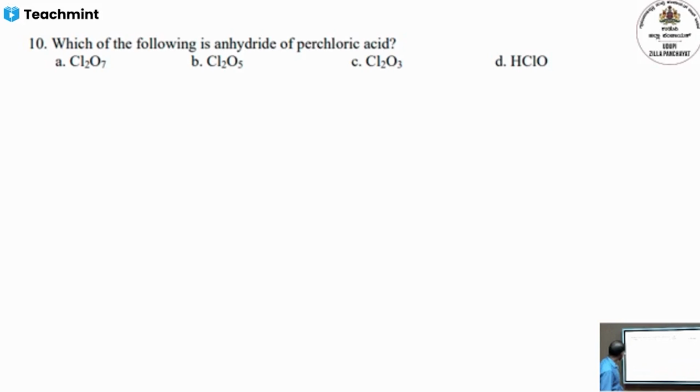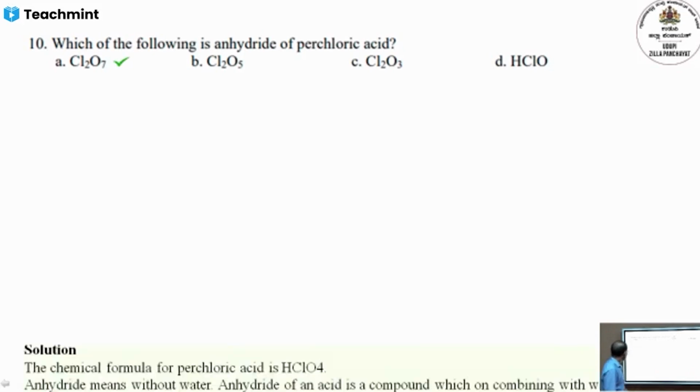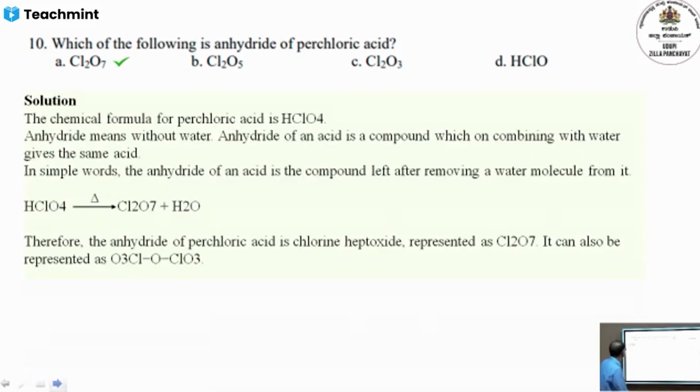So the answer is Cl2O7, and HClO4 is the formula of perchloric acid. Perchloric acid on heating loses one water molecule, from 2 molecules of this, and it gives Cl2O7, and therefore the anhydride of perchloric acid is Cl2O7.